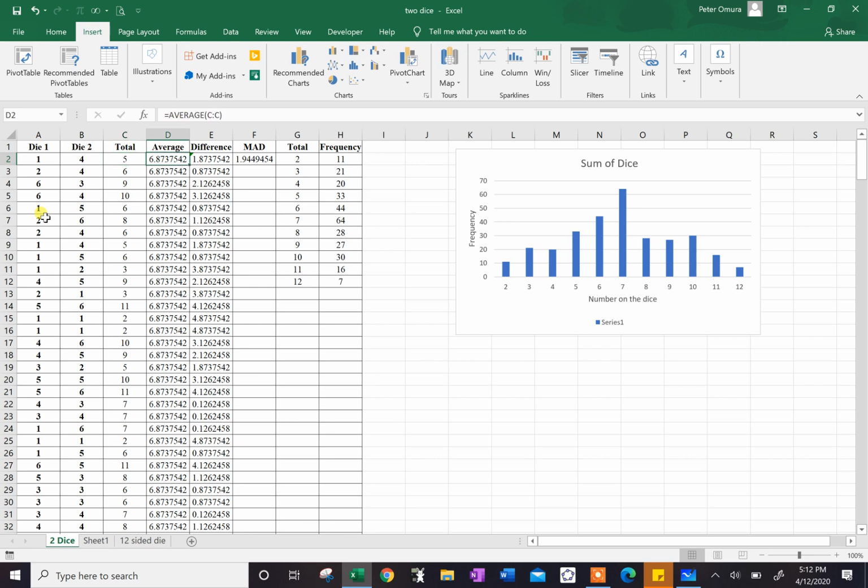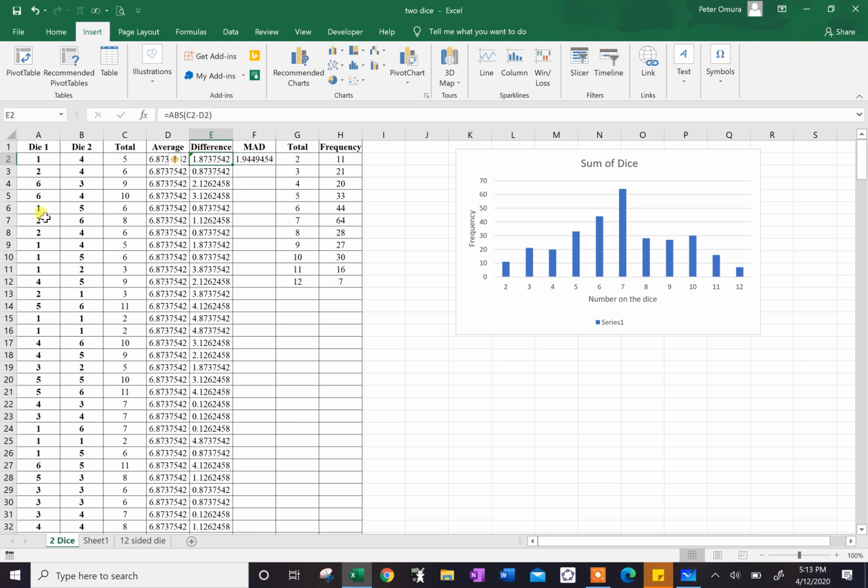Now the mean absolute deviation is the difference between what you actually got and the average. And then what you do is you sum all of these up, and you find the average, and that's the mean absolute deviation. So how far away from the mean, what's the average distance that the scores are from the average? I know that kind of sounds weird.